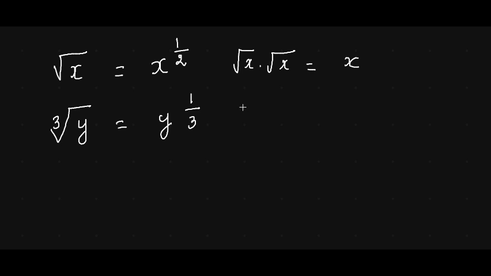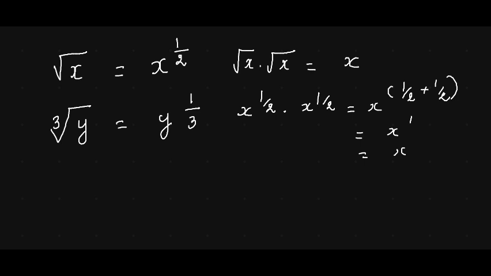You can write that as x to the power of half multiplied by x to the power of half, which is x to the power of half plus half, based on what I showed you, and that's x to the power of 1, which is actually x. That's why those fractions come into play.